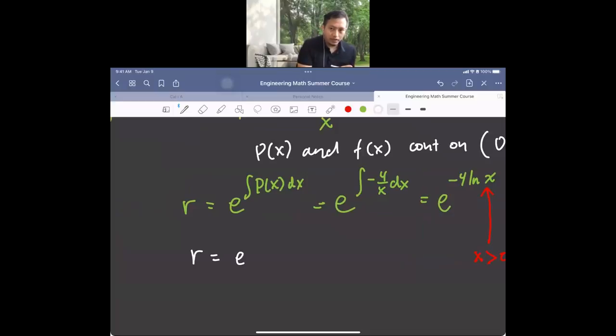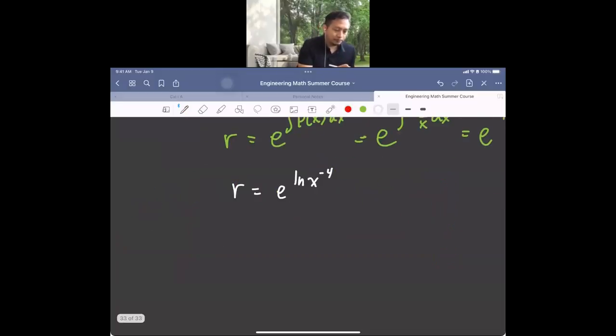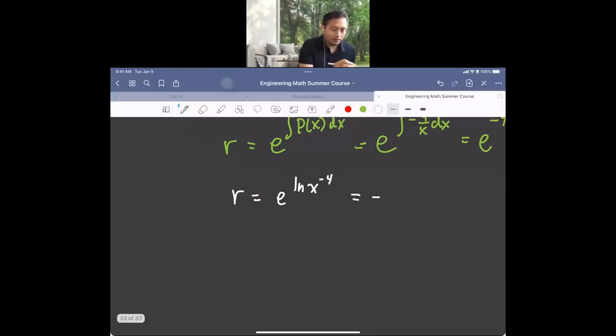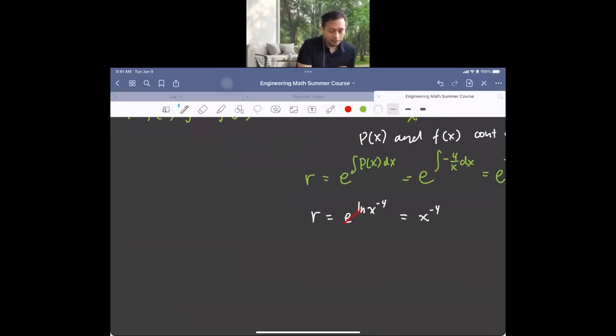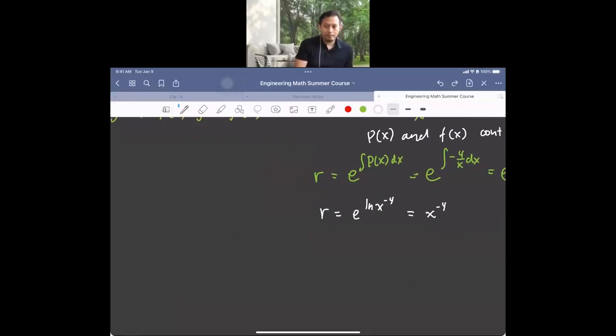Now we can also write this as ln x to the power of negative 4, using the ln property. Now this is equal to x to the negative 4, like that. It's a property of log.